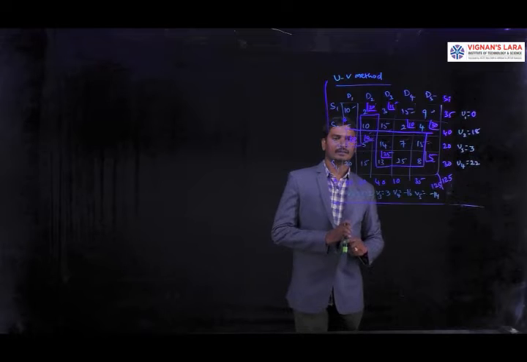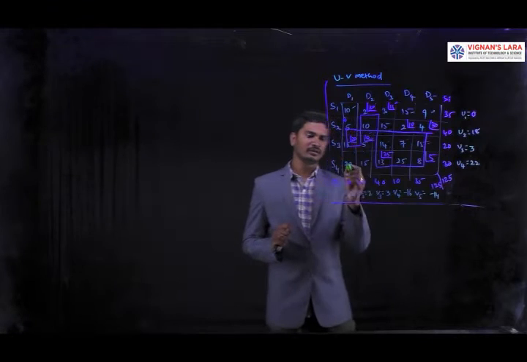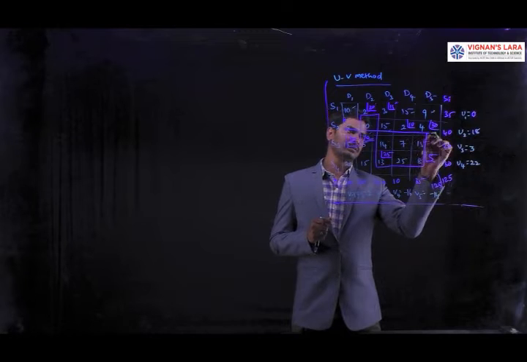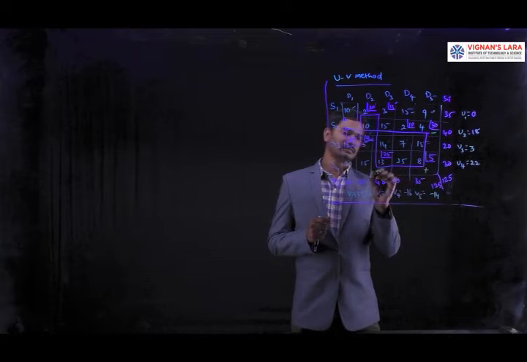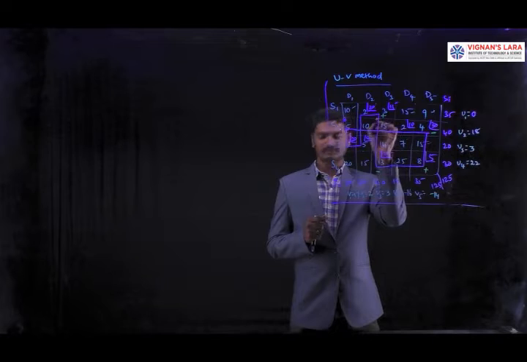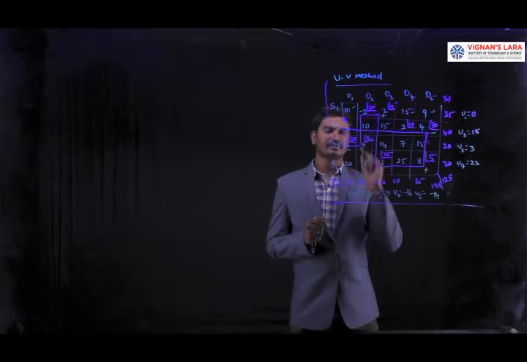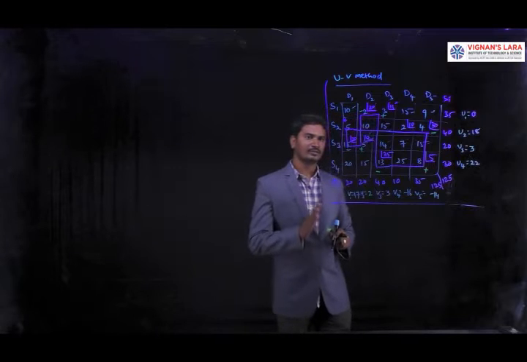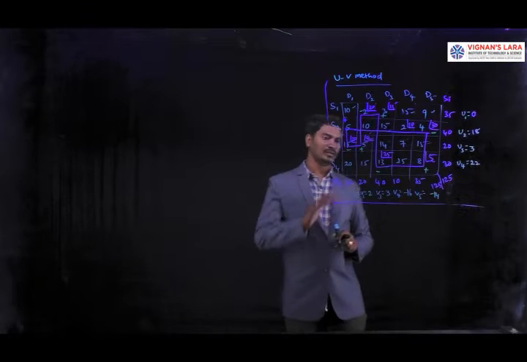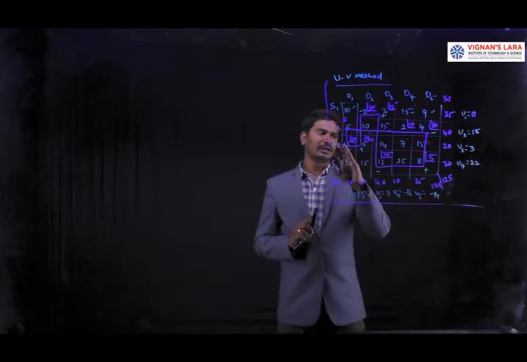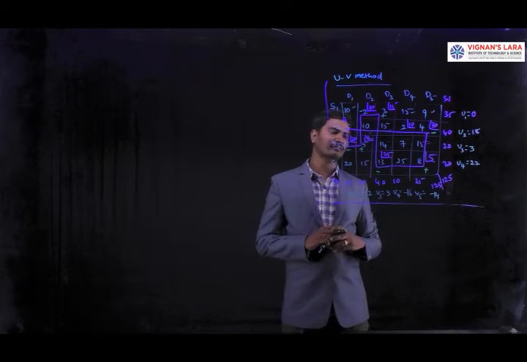Okay, now we are going to give the signs. Here we have minus, plus, minus, plus, minus, plus, minus. Now I am going to transfer the unit values through the loop. Here we would like to identify the minimum value.